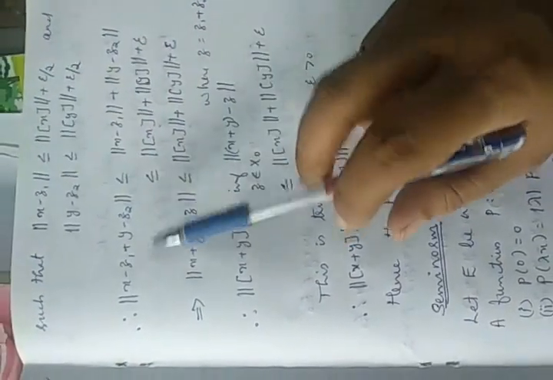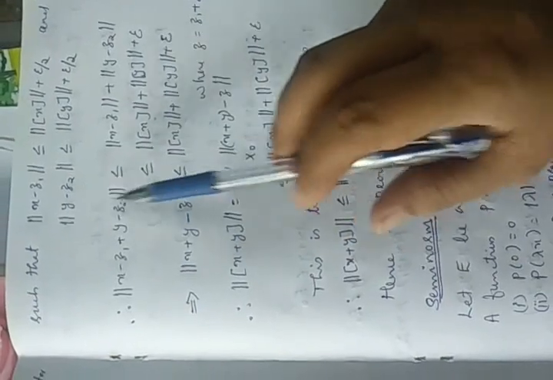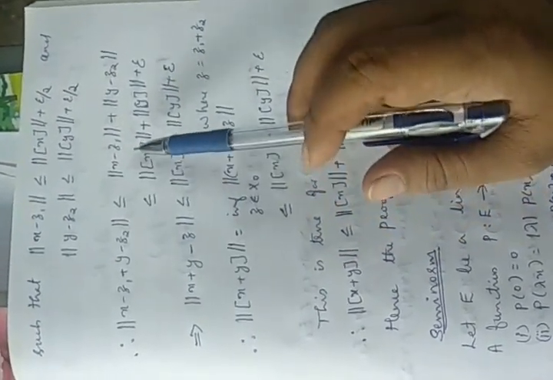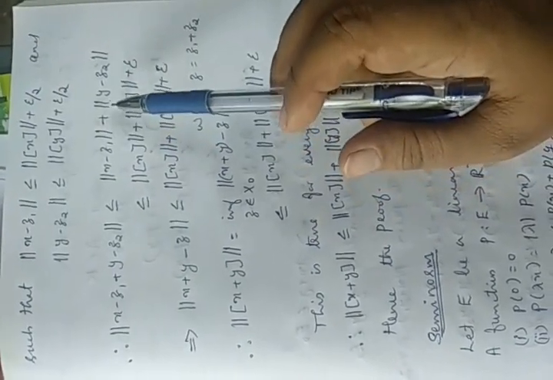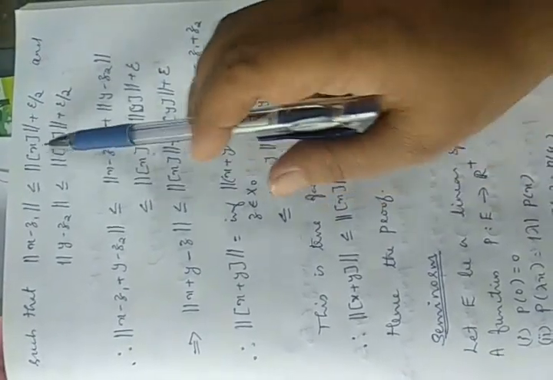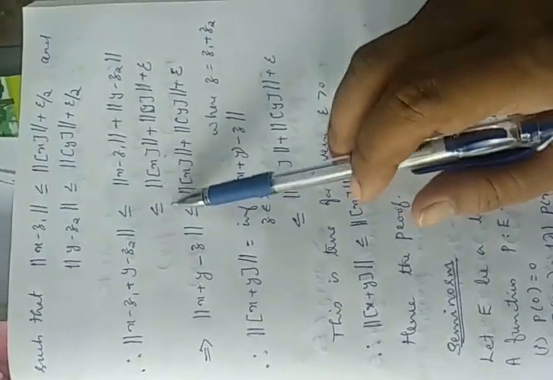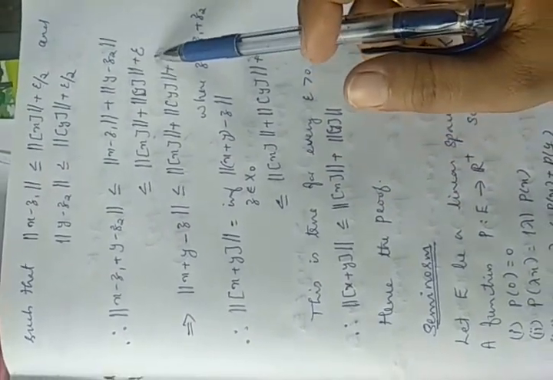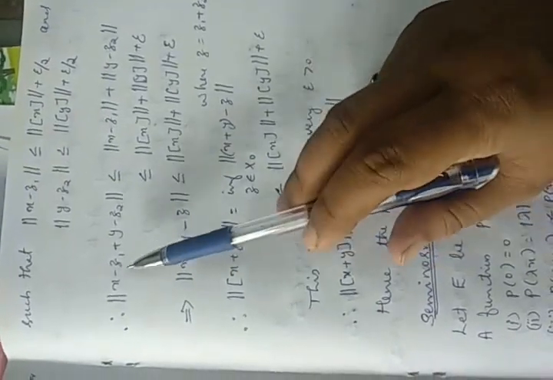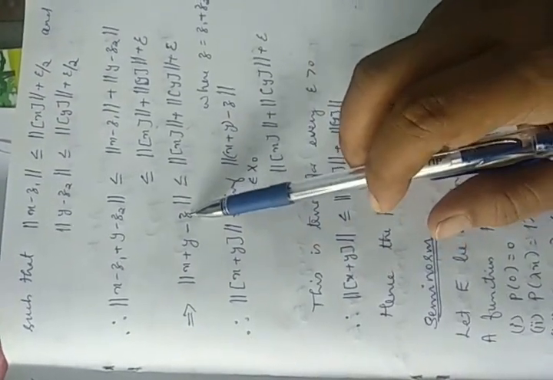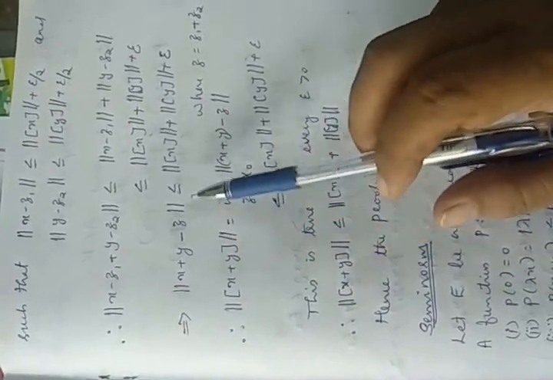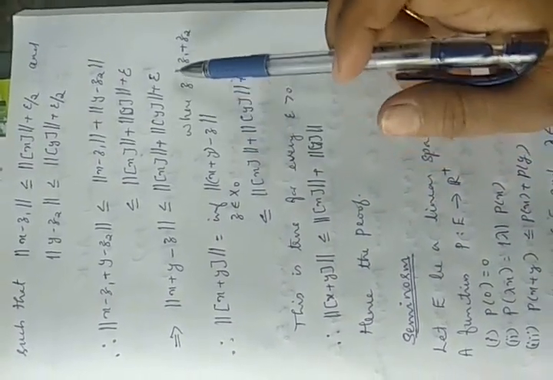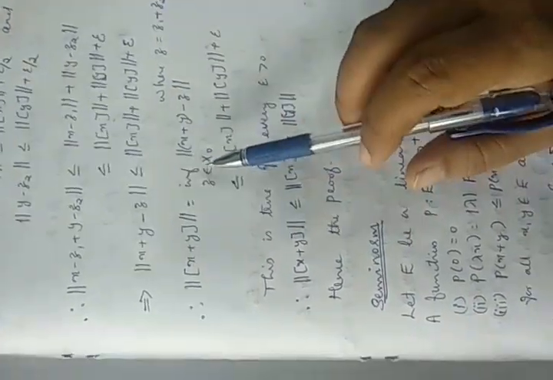Next we consider the norm of x minus z1 plus y minus z2. By the triangle inequality, this is less than or equal to the norm of x minus z1 plus the norm of y minus z2, and using these two inequalities, this is less than or equal to norm of class x plus norm of class y plus epsilon. So we have norm of x plus y minus z, where z is equal to z1 plus z2, is less than or equal to norm of class x plus norm of class y plus epsilon. And this is true.